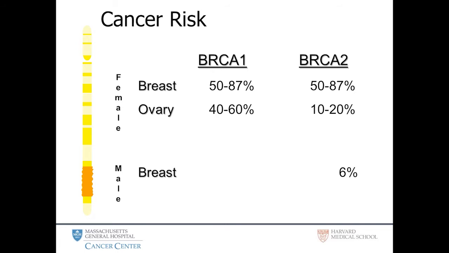Male breast cancer can occur, certainly with BRCA2 mutations, at an extremely high rate for males, so still a low rate compared to females. But most importantly, males can pass along this mutation to their daughters as well as females can. Because of this, we need to look at paternal family history as well as maternal family history.